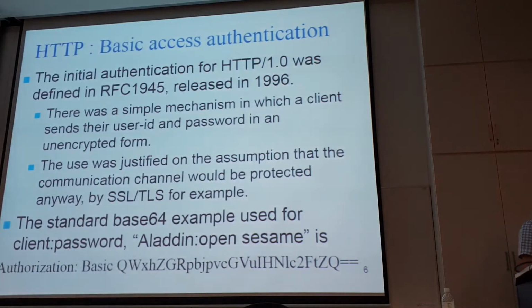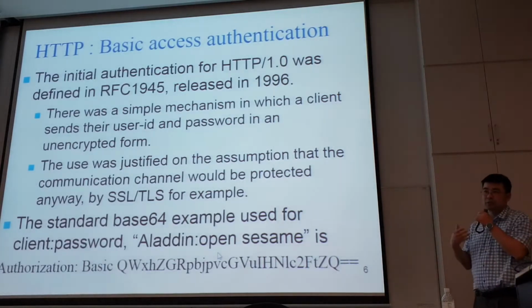If you studied 368, you should know the base64 encoding used in email. This is the same encoding used in HTTP 1.0. So when you want to edit a web page and you give a username and password, this part is not encrypted; it's just encoded using base64. If you know how to do the decoding, you can convert this string back into the original form. That means you are essentially sending the username and password in plain text.